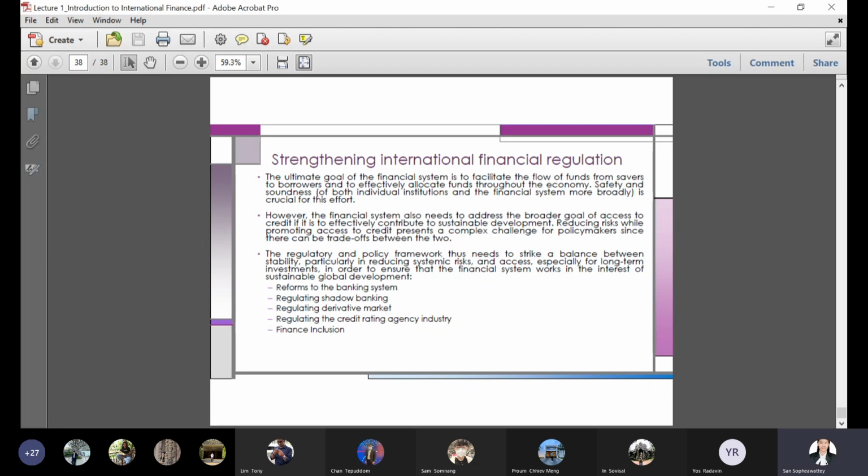For example, who expected that we would face the COVID-19 crisis? We didn't expect it. Everyone was just focusing on maintaining economic policies and financial stability, but then the unexpected event happened.